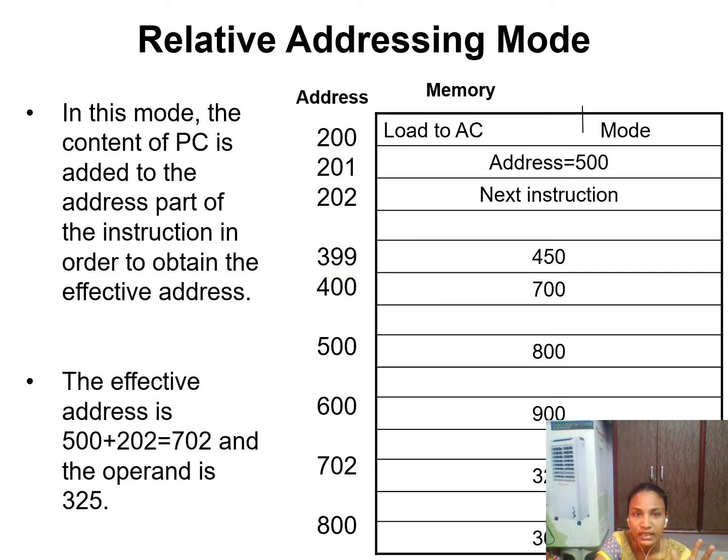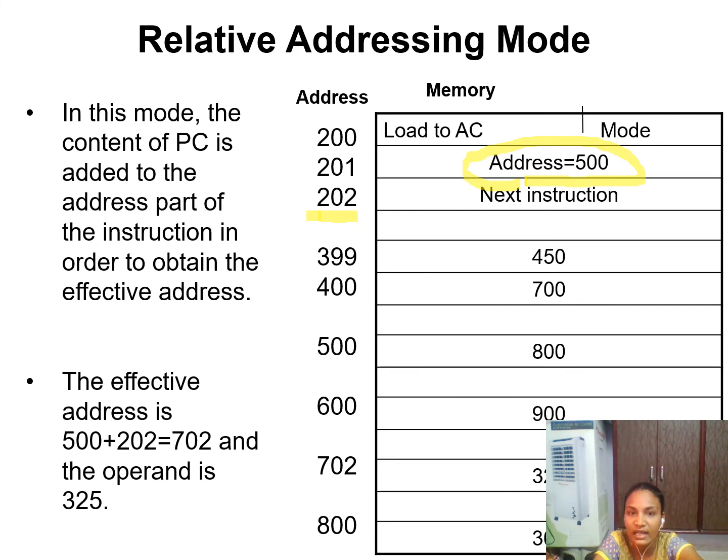Relative addressing mode. In this mode, the content of PC is added to the address part of the instruction in order to obtain the effective address. It means we will have a PC address. As we discussed in the first slide, the PC value increases one by one after the instruction is executed. Now the PC value is 202 because the next instruction is about to happen. So the address value is 500 and the PC value is 202.